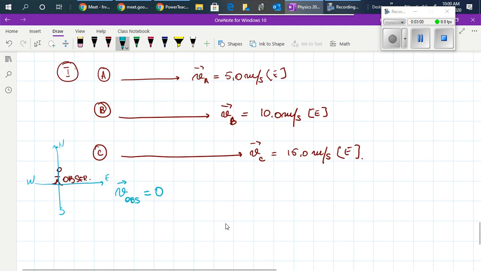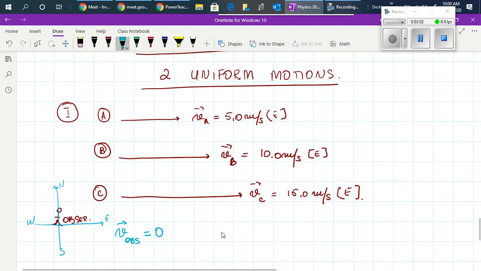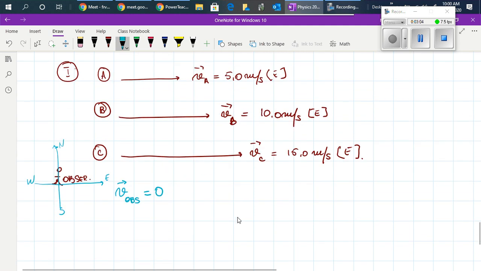Now we switch, and we say, let's see what is the velocity in reference to object A, meaning that object A is carrying the system of reference.